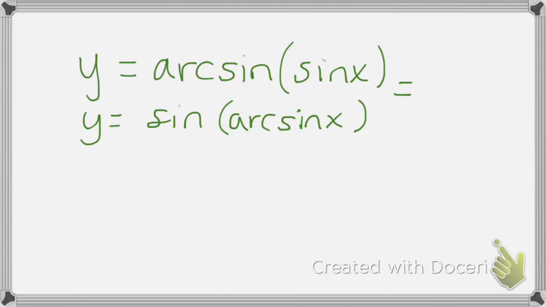They both equal x. Because this is saying, figure out the angle that gives me x. Then once I figure out the angle, I'm going to take sine of that angle. If I'm figuring out the angle and then I take sine of the angle, I'm going to end back up with what I started with.